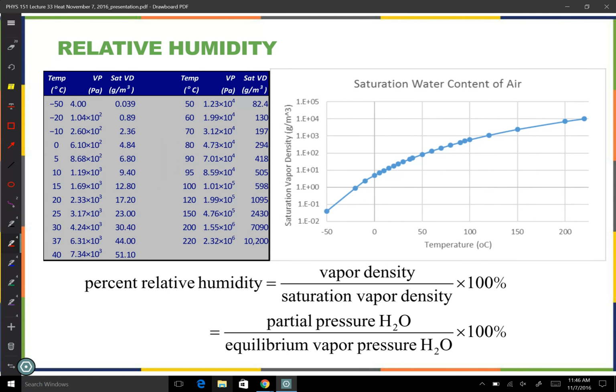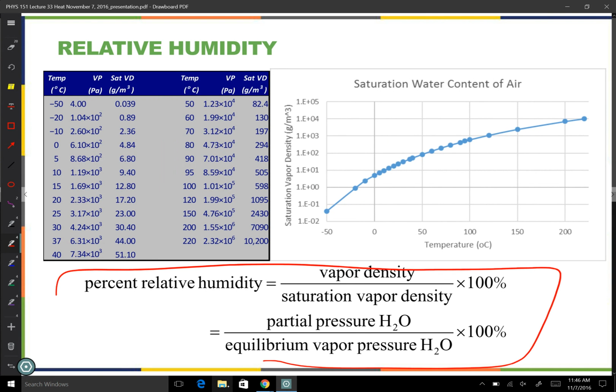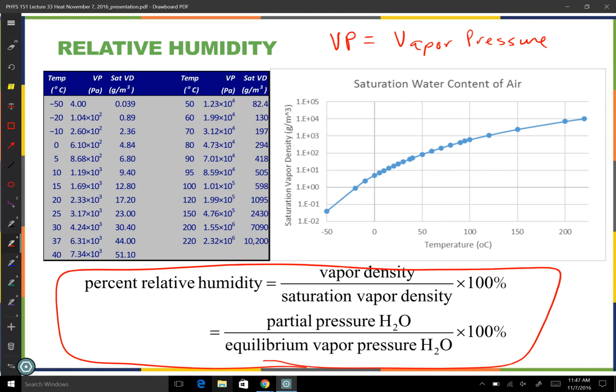So here's the data. Now, I put relative humidity for the title. Relative humidity is these calculations down here. But this is showing two things. VP is equal to the vapor pressure, and SAT VD is the saturation vapor density. Both of those are going to go up with temperature.